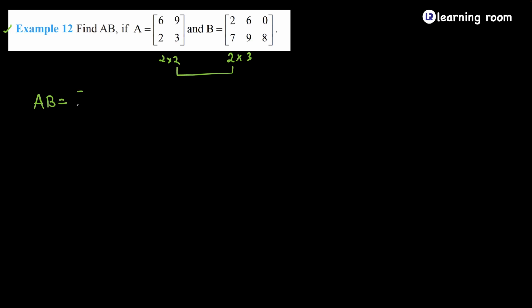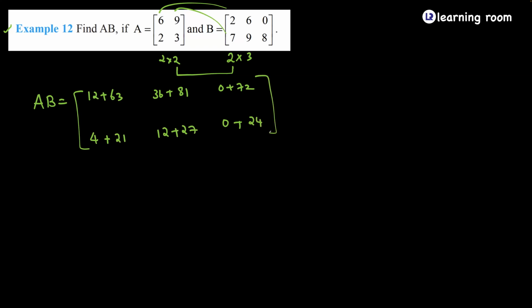So what is going to be the value of AB? You take the rows multiplied with columns. So 6 into 2, 12, plus 9 into 7, 63. Similarly, 6 into 6, 36, plus 9 into 9, 81. 6 into 0, 0, plus 9 into 8, 72. 2 into 2 is 4, plus 3 into 7 is 21. 2 into 6 is 12, 3 into 9 is 27. 2 into 0, 0, plus 8 into 3 is 24.